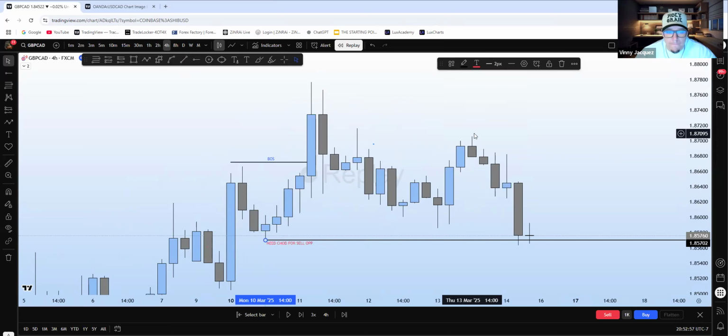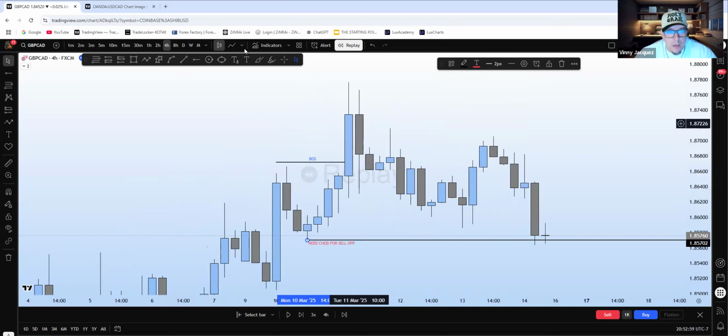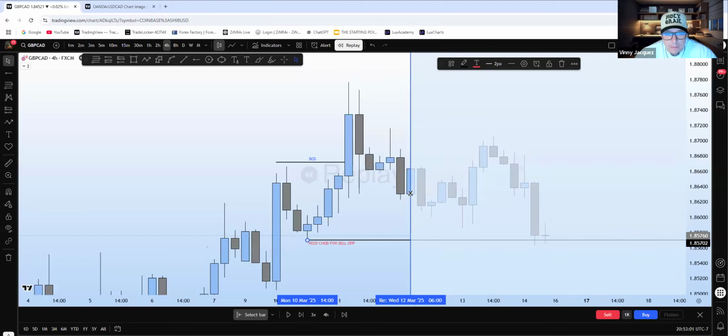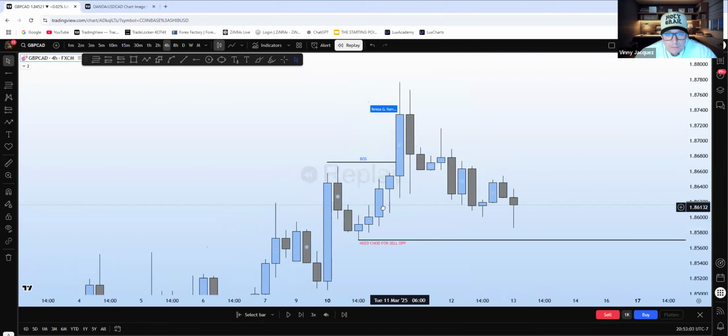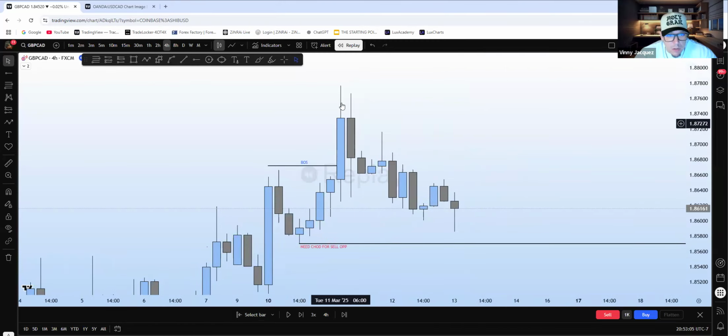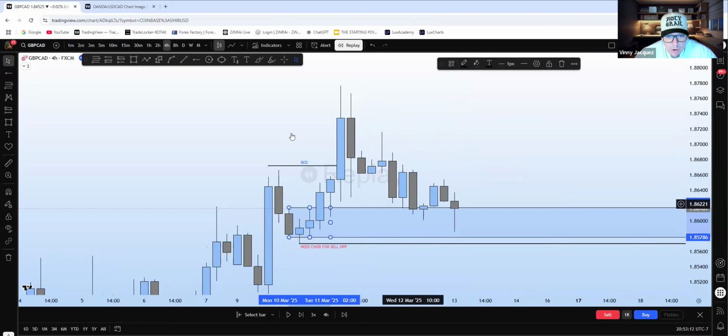Right now, notice, before any of this stuff happened, market was bullish, right? BOS. This is my starting point for buys. The market came in, gave it some profit, gave it some more profit.